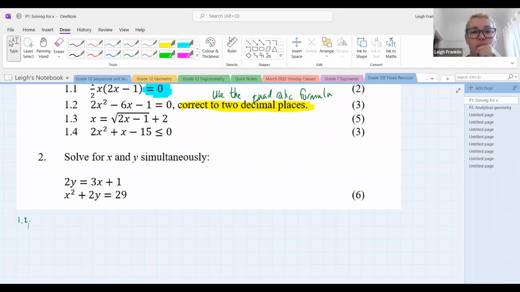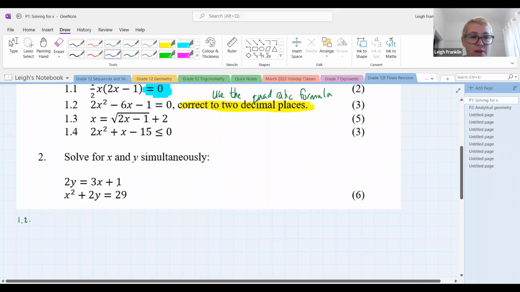That's quite right. Okay, so I have to show that I've subbed in. I have to show that I have subbed into the quadratic formula. Whenever I use the quadratic formula, I must show that I have subbed in, irrespective of which section you are working in, okay? So I can go straight to that line where I write x equals negative b.